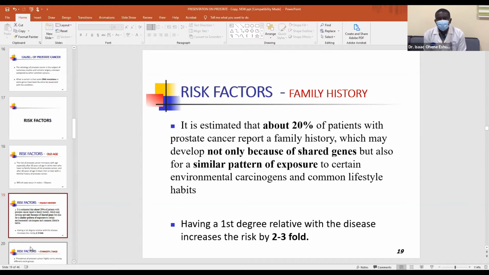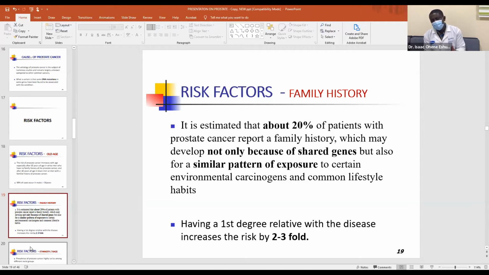Now, the second risk factor is family history. We are looking at a first-degree relative. That is the most important point here. If you have a first-degree relative who suffers prostate cancer, it increases your risk.